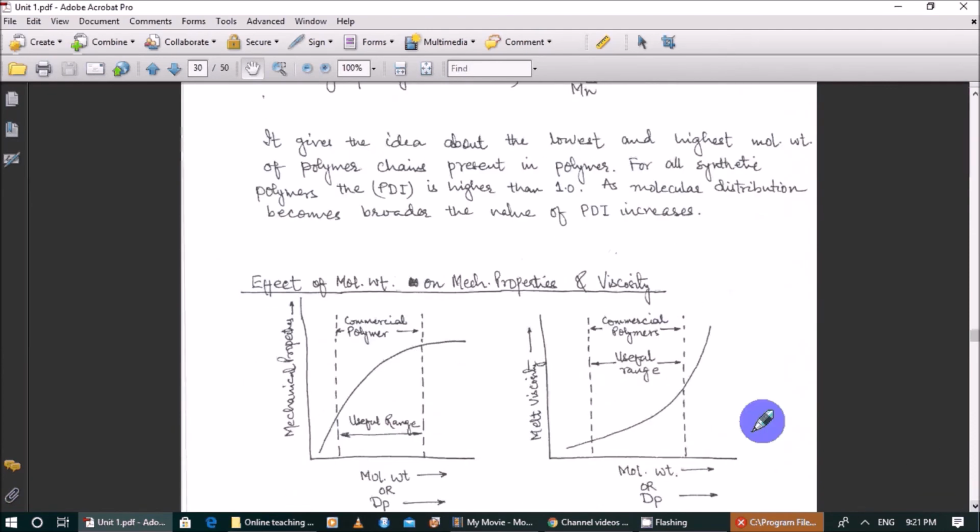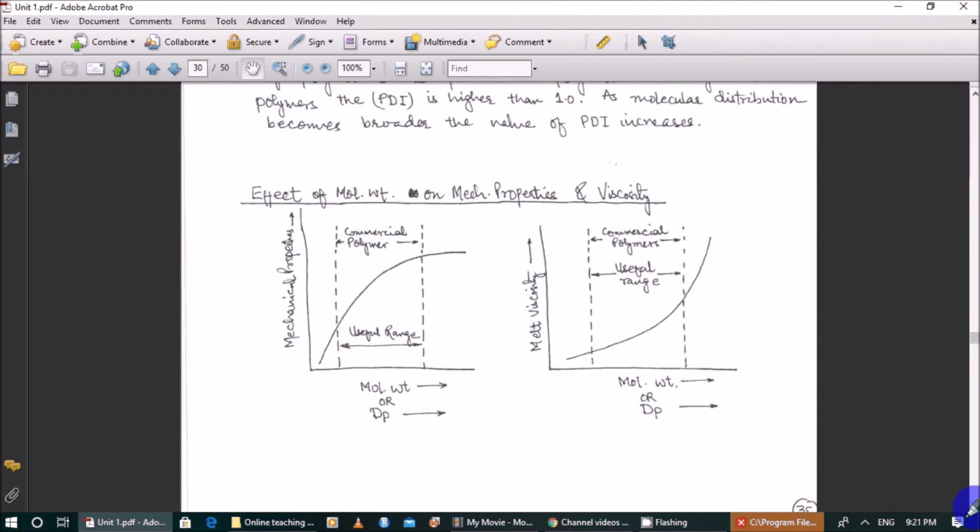Now we can see the effect of molecular weight on the mechanical property and viscosity. Here on the x-axis is the molecular weight or degree of polymerization versus mechanical properties on the y-axis. Mechanical properties means the tensile strength, impact strength, flexural strength. These are the mechanical properties.